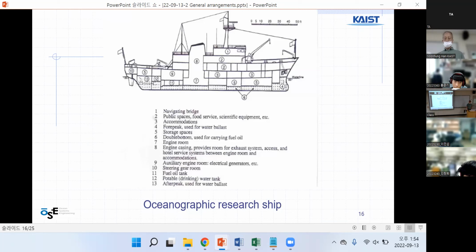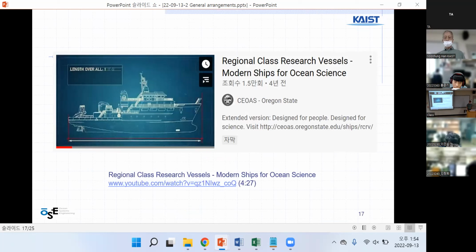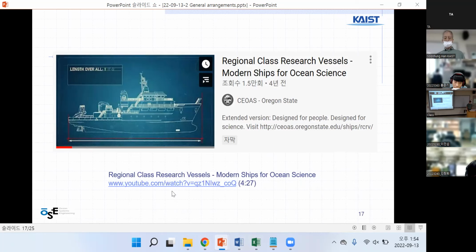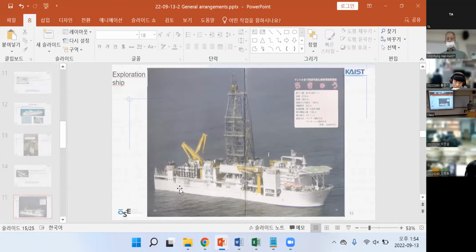And this is an oceanographic research ship. This is another kind for the oceanographers, for sampling and weather. And this is a research vessel model ship for ocean. Okay, let's see a short video.